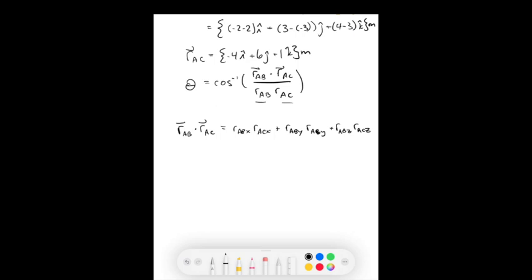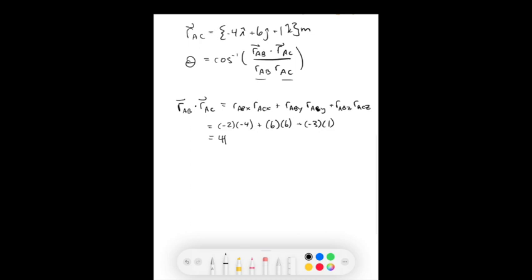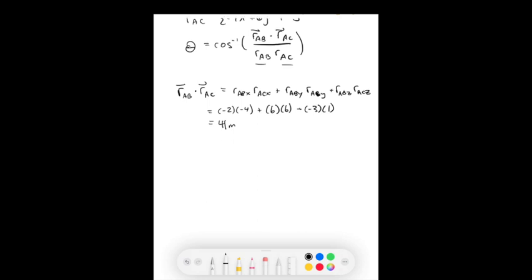Okay, so go ahead and plug those values in. -2, -4, 6, 6, -3, and 1. And we add that up, we get 41. So the dot product there is 41. Units would be meters. And then we also need the magnitudes.